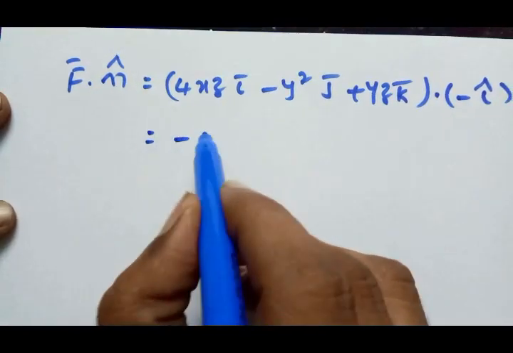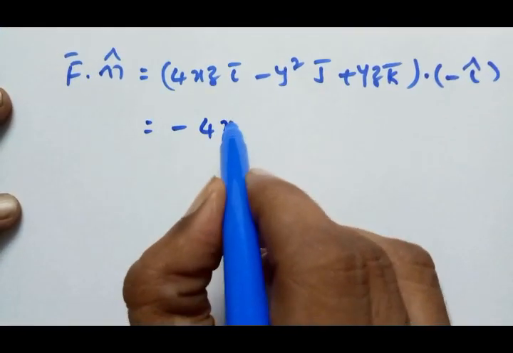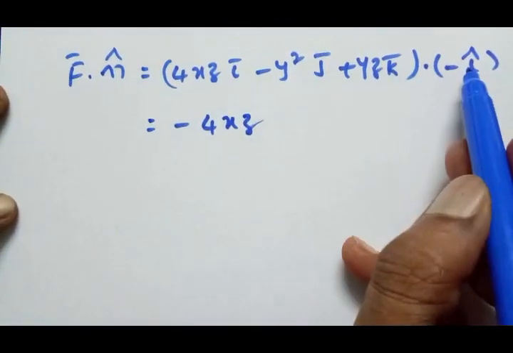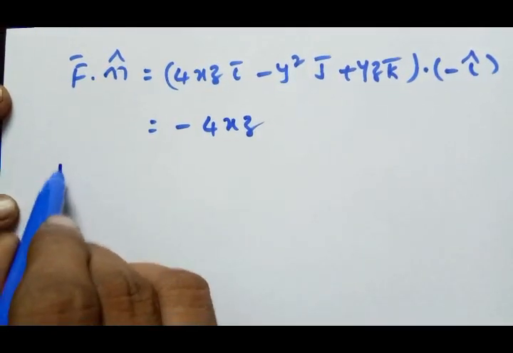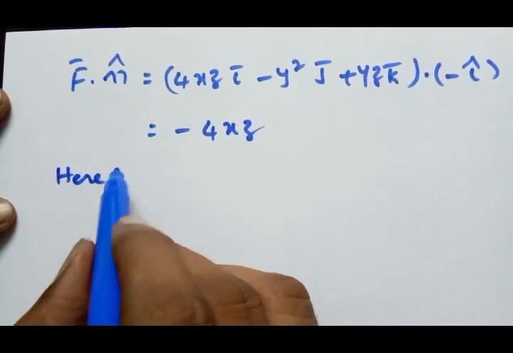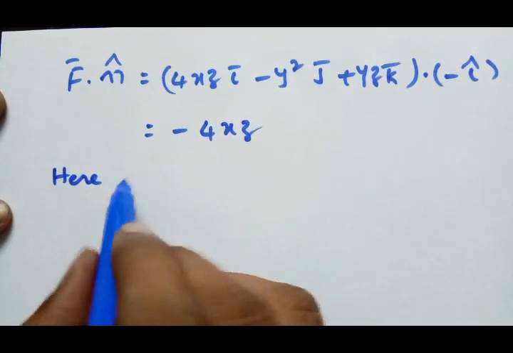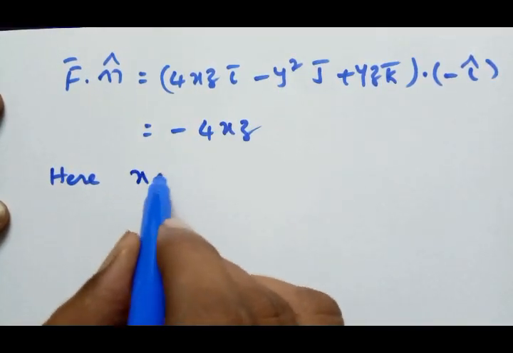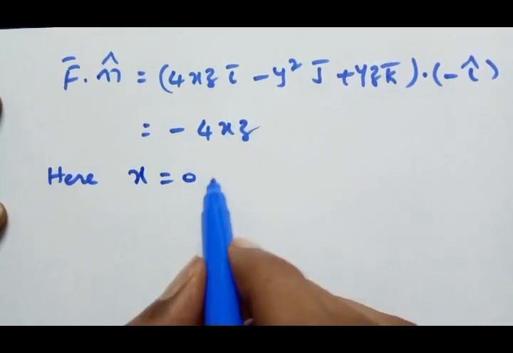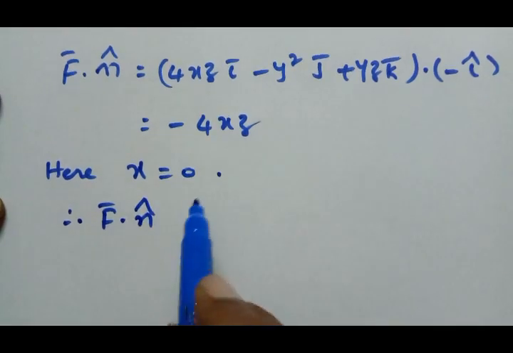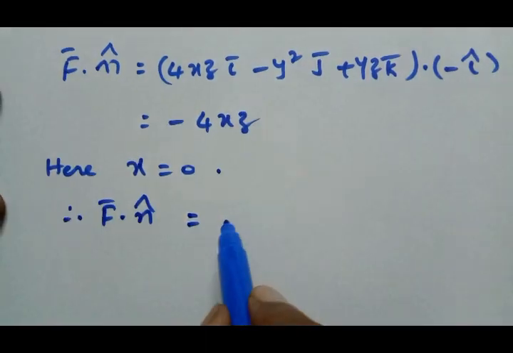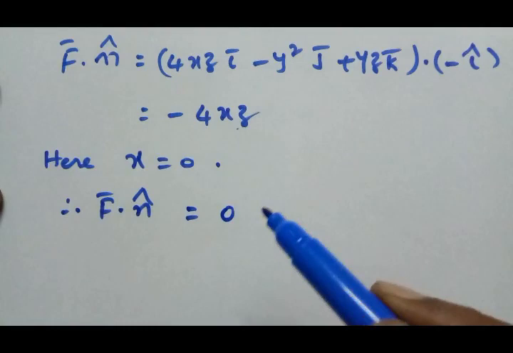This is equal to minus 4x into z, since I bar dot I bar is 1, other dot products being 0. And also here this side lies at x is equal to 0. Therefore, f bar dot n cap is equal to 0, since 4 into 0 is 0.